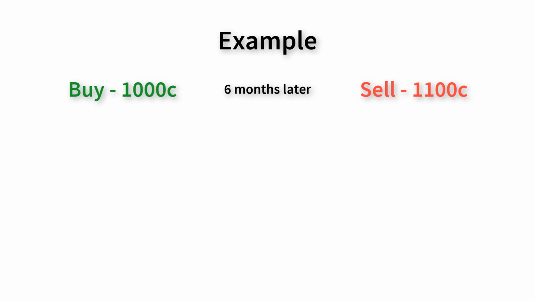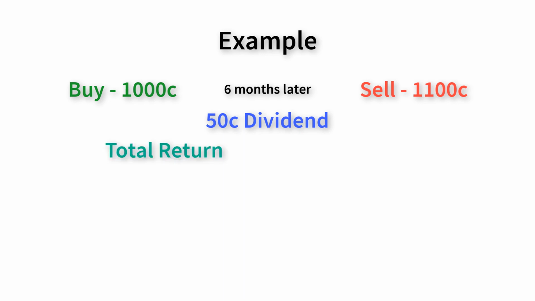And let us say that you get a dividend of 50 cents while you are holding them. Then your total return will be 150 cents, made on an initial investment of 1,000 cents, so you have made a 15% return.